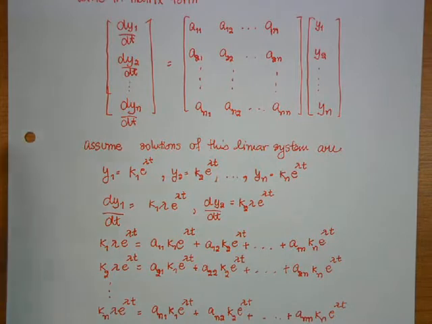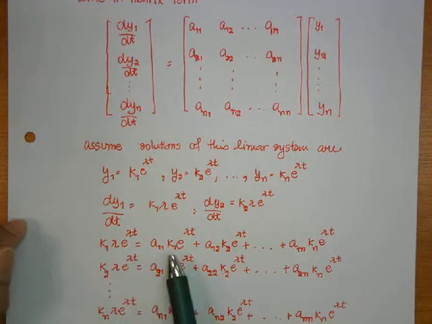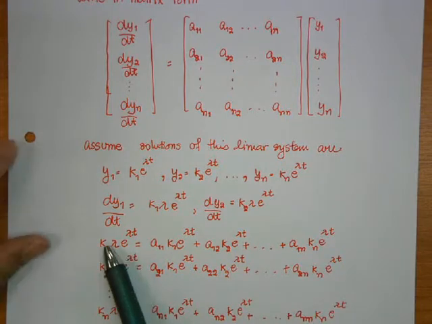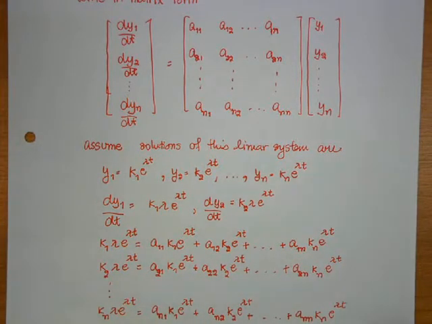You would see that for the first equation, you have two terms of k1. You just move the term of k1 to the same side, and then set the right hand side equal to 0. For the second equation, you would have the terms of k2. You move the k2 to the other side, put them together, and then if you rewrite it again, you would get a set of equations like this.